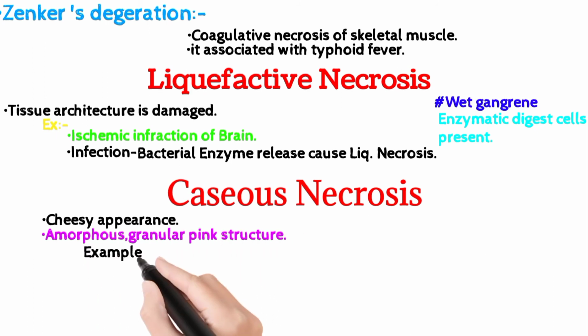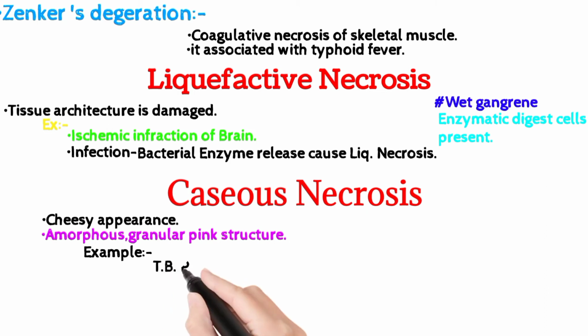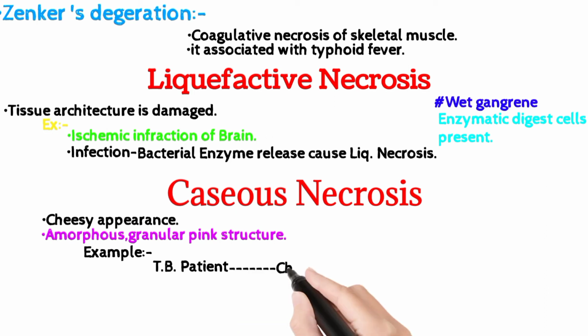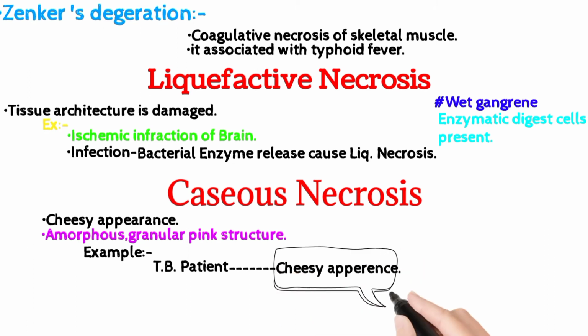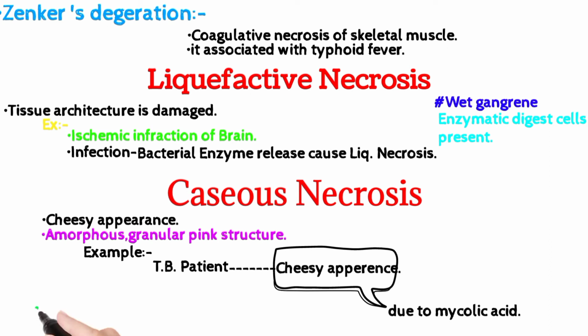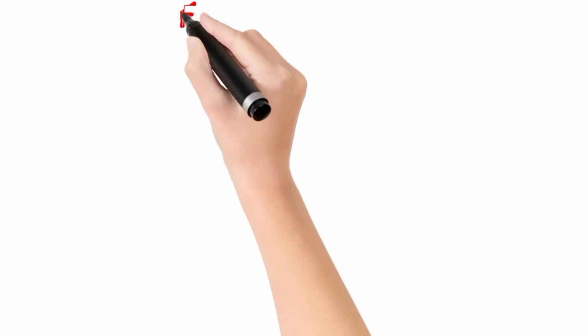Example we see in TB patients. The cheesy appearance in TB patients is due to the deposition of mycolic acid, which is present in the bacterial cell wall. Caseous necrosis is considered both coagulative as well as liquefactive necrosis.